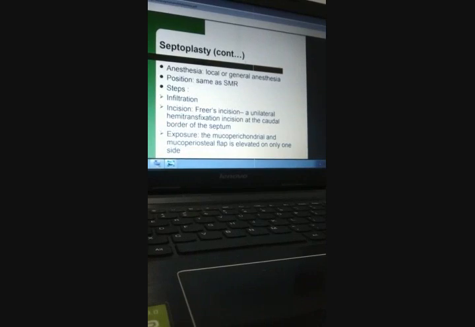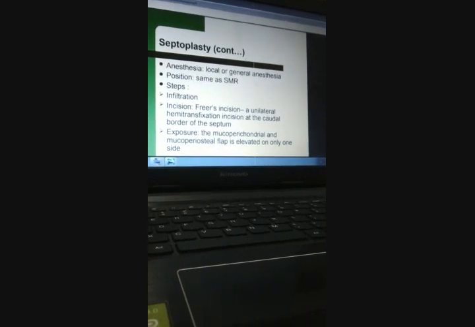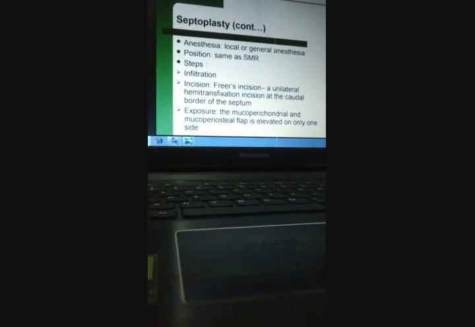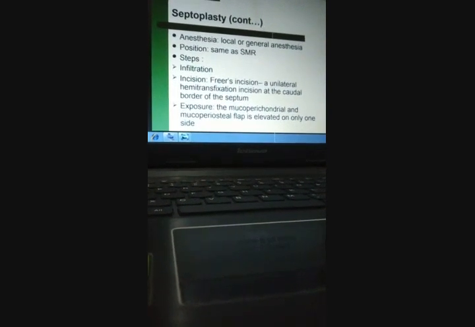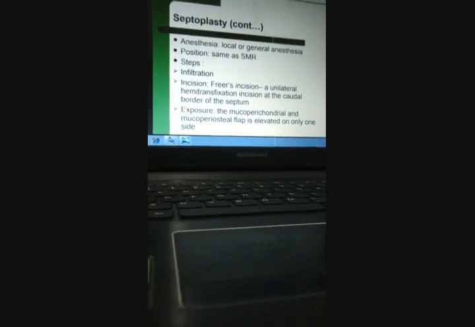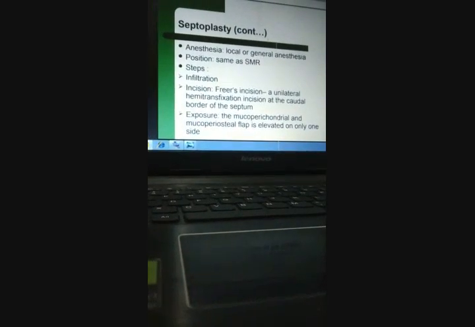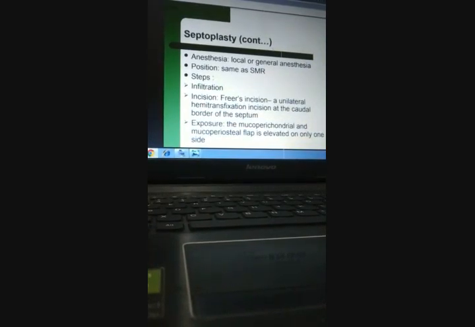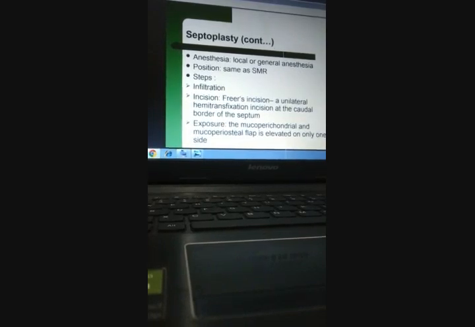So during the steps here also the infiltration with 2% xylocaine with adrenaline is done after sensitivity test. Then incision, here is Freer's incision. Freer's incision, a unilateral hemitransfixation incision at the caudal border of the septum.